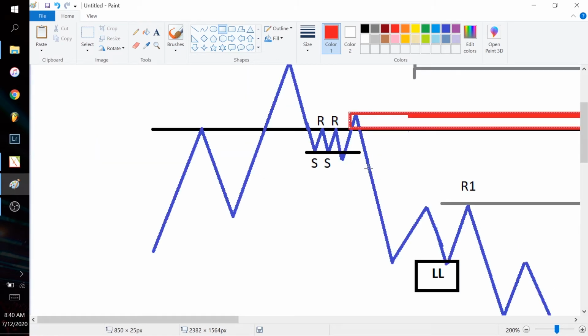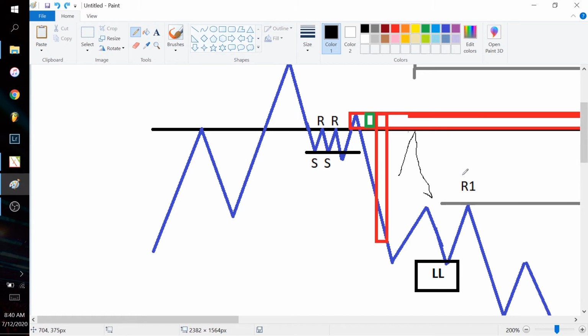Imagine we have a spike here and then a drop. We want to look for the supply zone here. Assuming we have a green candle and a red candle at exactly this level, this is our decision point. So when price comes back, you want to enter exactly at this decision point. That's where you expect the drop.